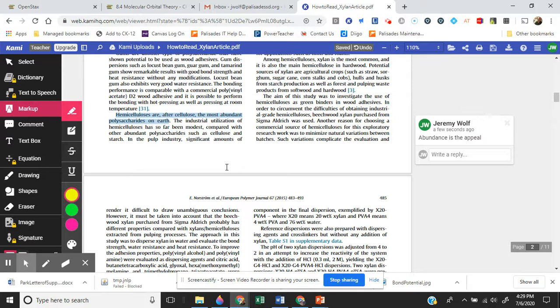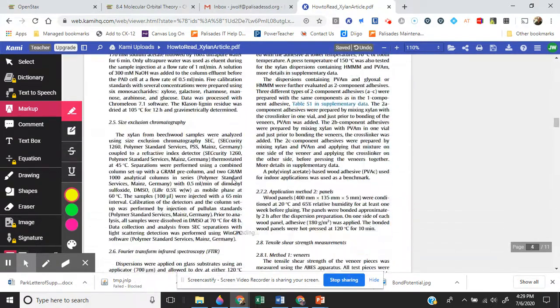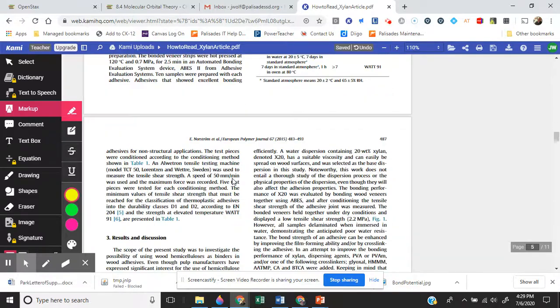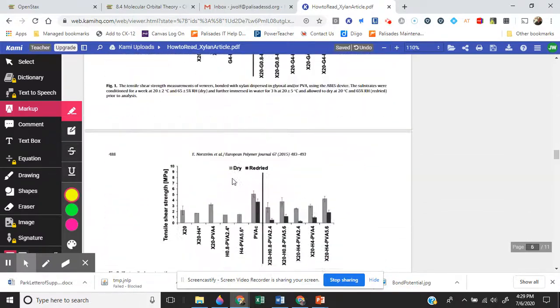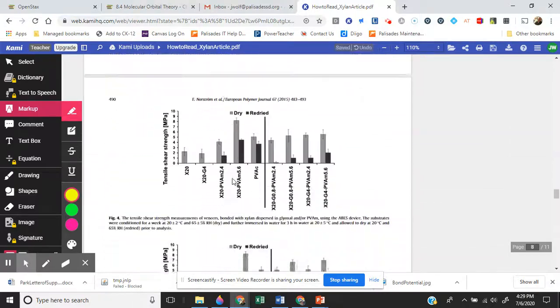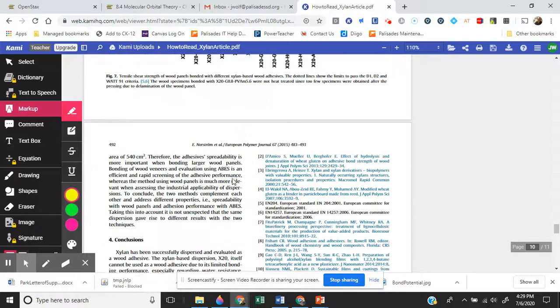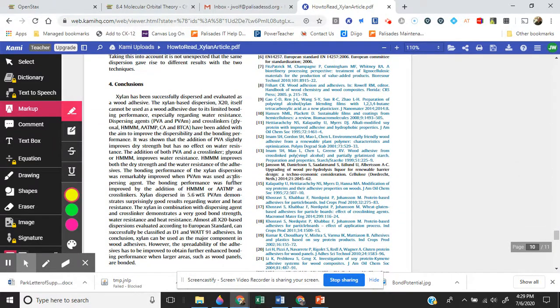Excellent. Okay, now I'm going to skip the rest of this because the next part says to read the conclusion section. So I'm going to go straight to the conclusion section. Bam.